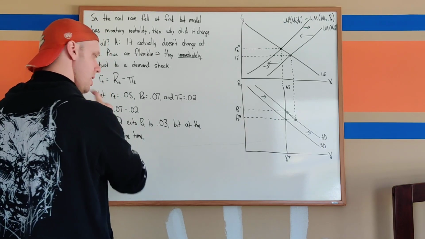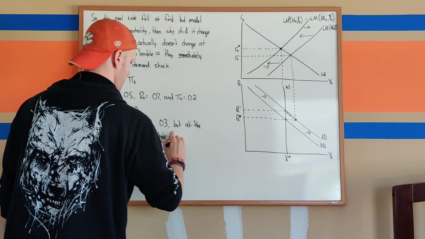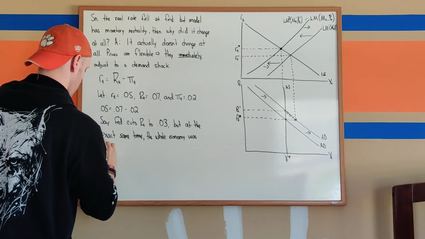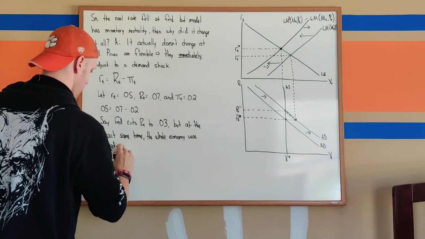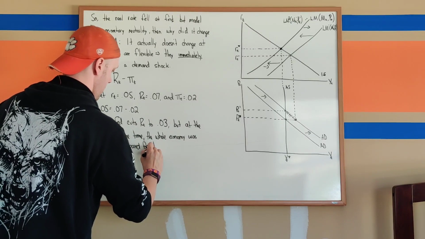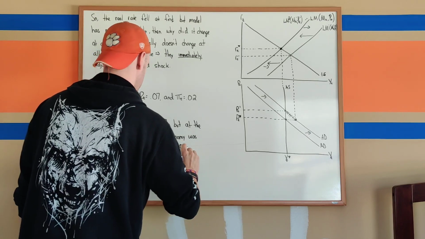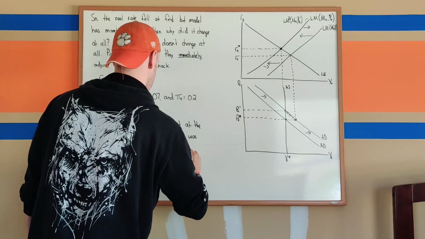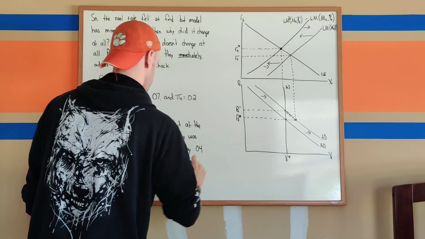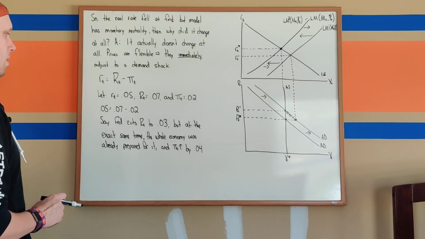But at the exact same time, the whole economy was already prepared for it. So the rate of inflation is going to increase by 0.04. Why?